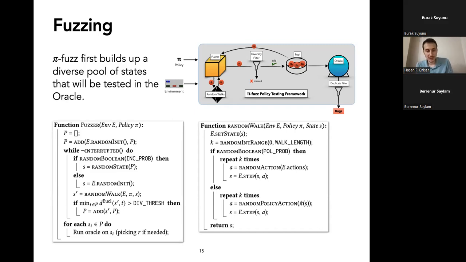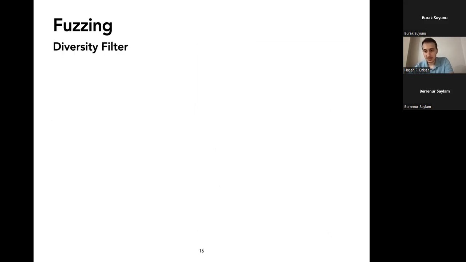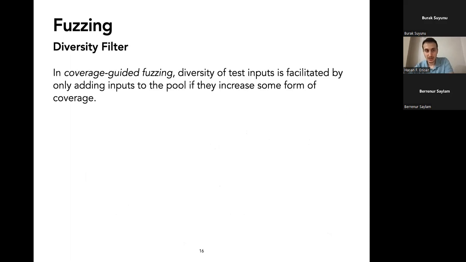If not, we can discard them. I won't go into details of this pseudocode because I don't want to lose you. But what I'm going to tell is that with the fuzzer we aim to find a diverse and interesting set of states that need to be tested.